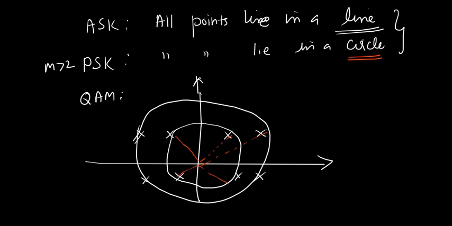So this is an example of 8 QAM. I have drawn my 8 QAM in such a way that these 4 points lie in one circle and another 4 points lie in another circle. Or you can do like this.